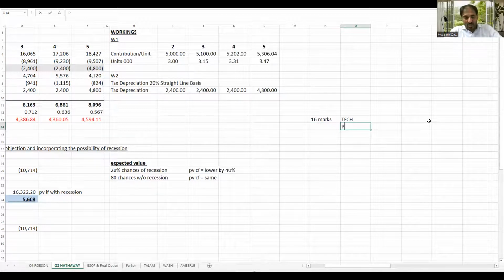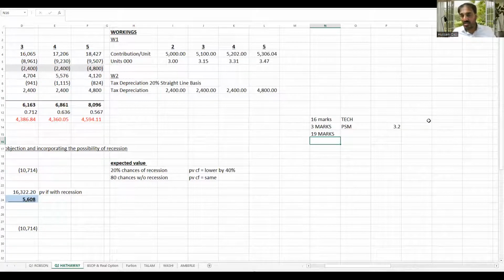But there are also professional skill marks, and that is 20%. So 20% of 16 is 3.2, that's 3 marks. So actually you are not attempting a 16 marks question, you are attempting a 19 marks question.